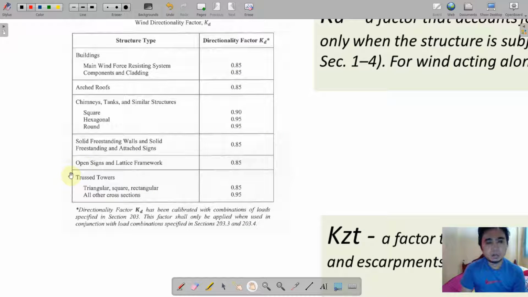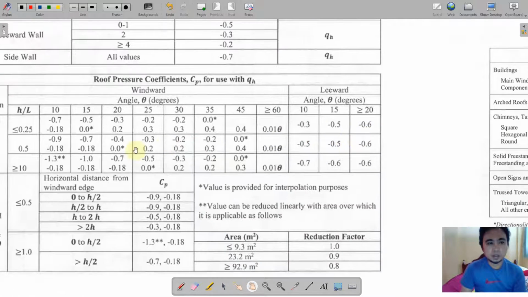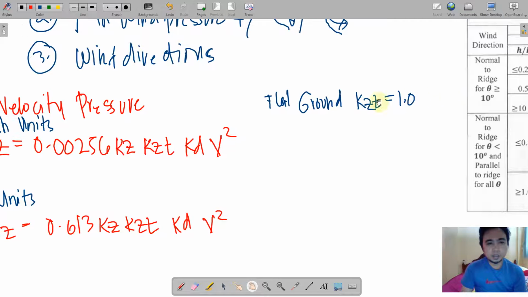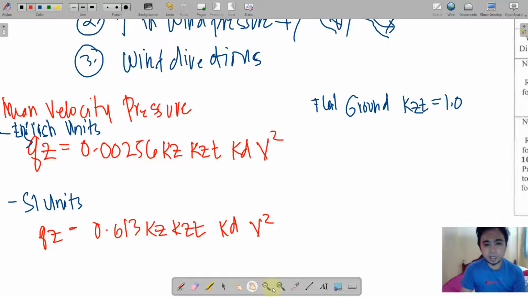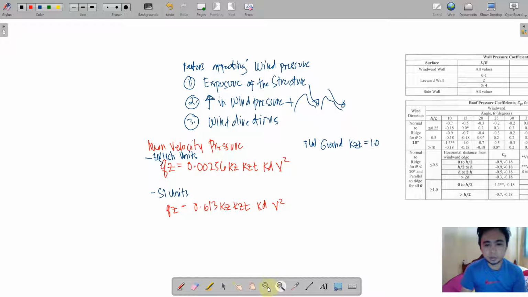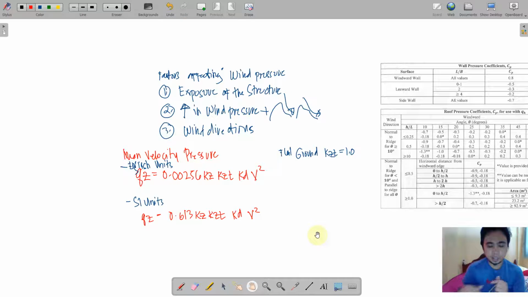However, if your structure or your analysis does not combine with any other loading, so if we are just concerned with the wind loading, then we will set KD equal to 1 if we are just concerned with wind load alone.